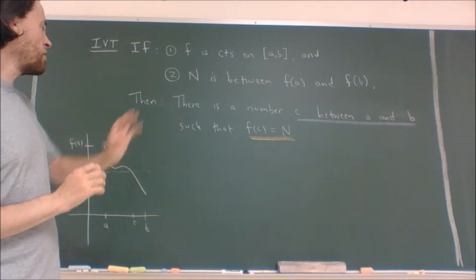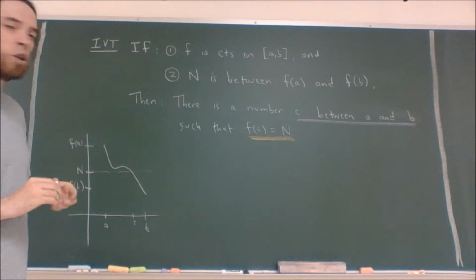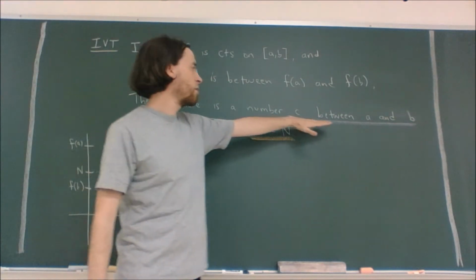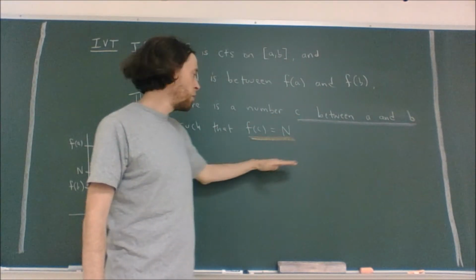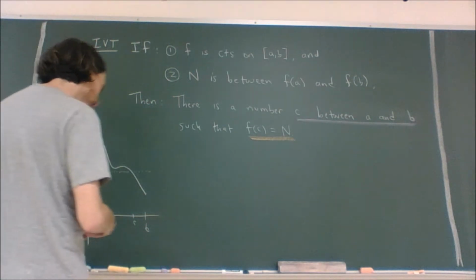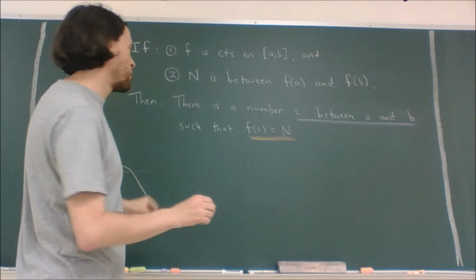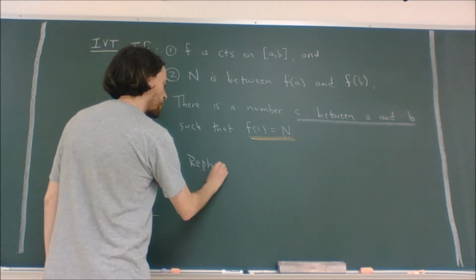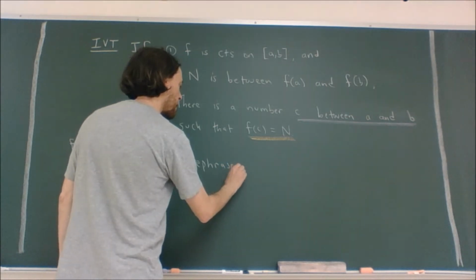I wanted to say a couple things about how this conclusion is phrased. In particular, I've got this phrase underlined in purple and this phrase underlined in orange that I want to talk a little bit more about. And basically, each one of those can be rephrased. Okay.